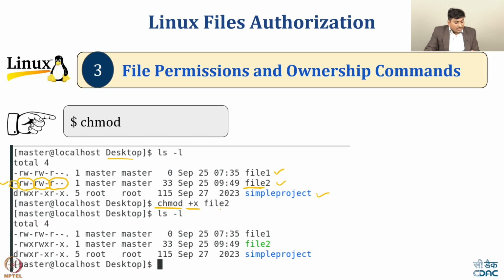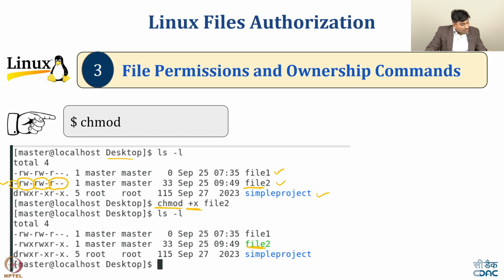Now we will be giving the execution permission to all, for the groups, the owners, as well as the others. We have not specified here the user, groups, or owner, so it means that by default it will be for all, right? So chmod plus x file, then you can observe the permission here.